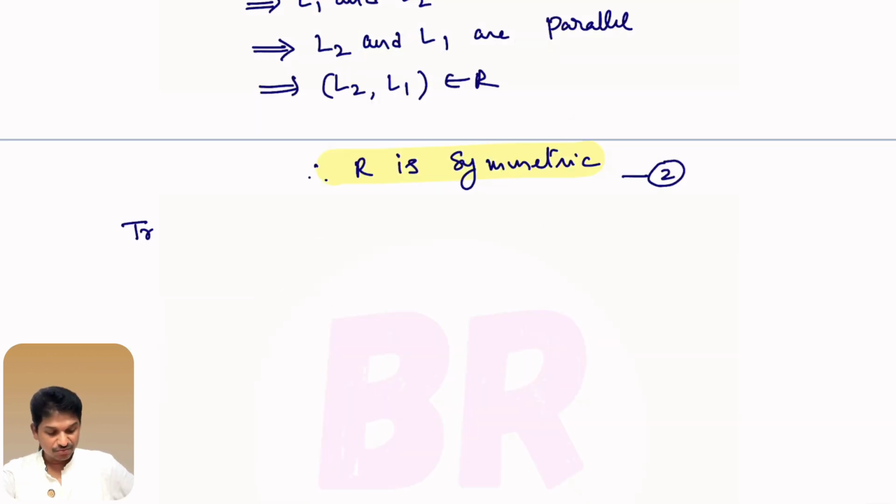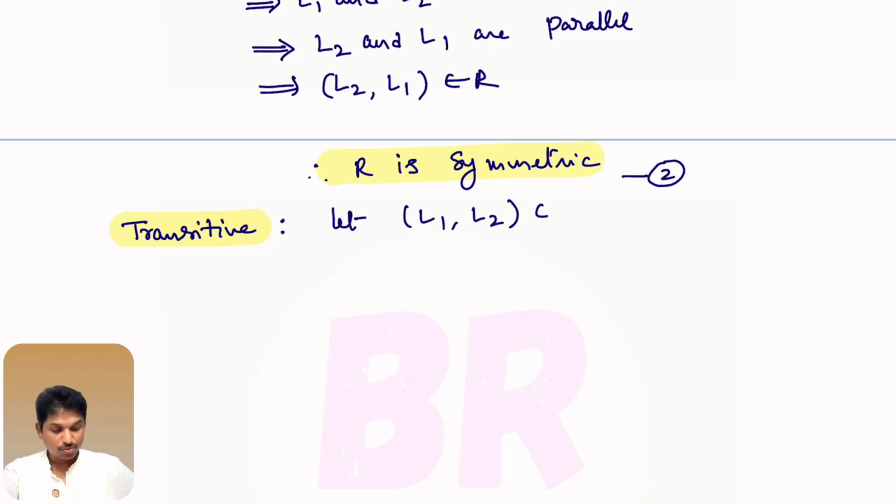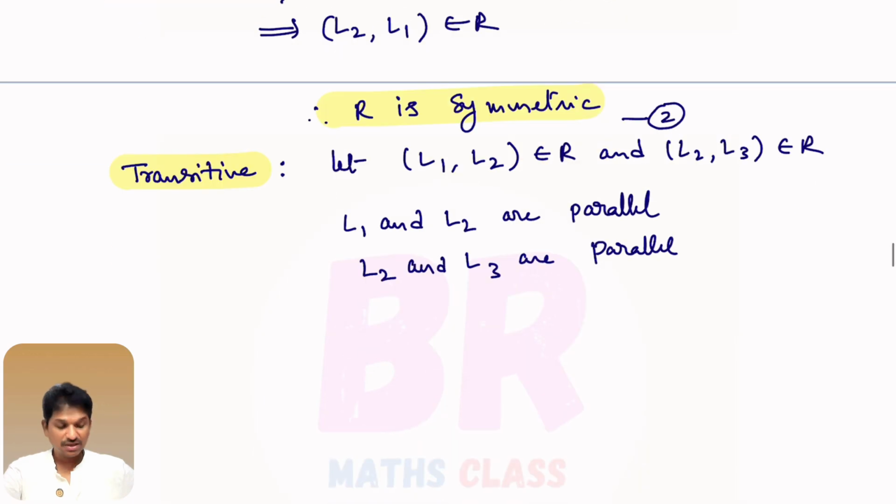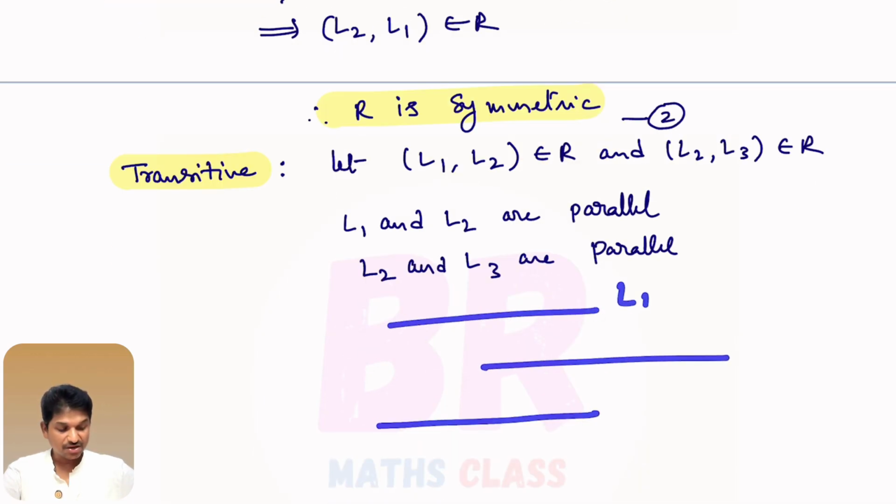Now transitive. To check the transitive condition, I'll take two ordered pairs (L1, L2) belongs to R and (L2, L3) belongs to R. If you observe this, L1 and L2 are parallel, and as (L2, L3) belongs to R, L2 and L3 are also parallel. You see, L1 is parallel to L2, L2 is parallel to L3.